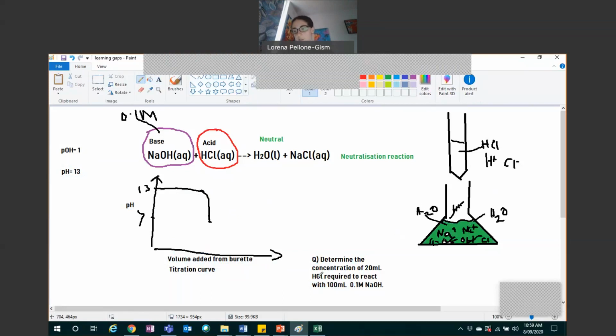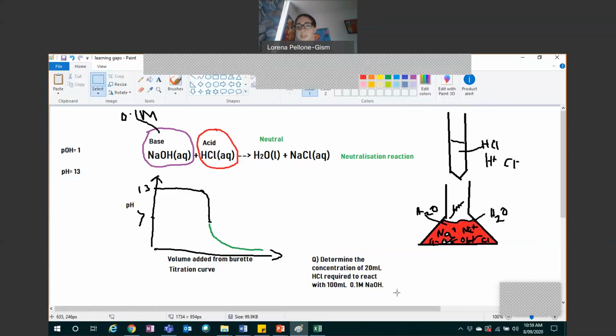So we're going to define those two terms in a minute. And then what happens is you keep adding the HCl. Well, you don't in real life. In real life, you stop your titration. But if you do, you get to an acidic solution, which will actually turn the indicator red. You know you've gone too far. That's called overshooting. So let's answer this question.